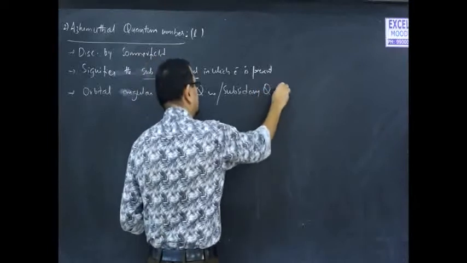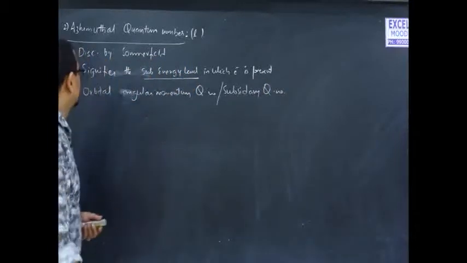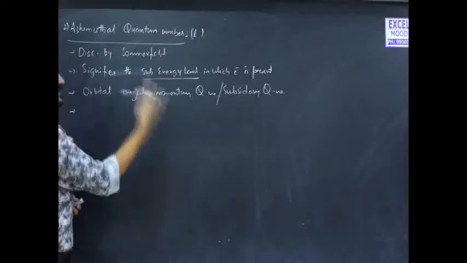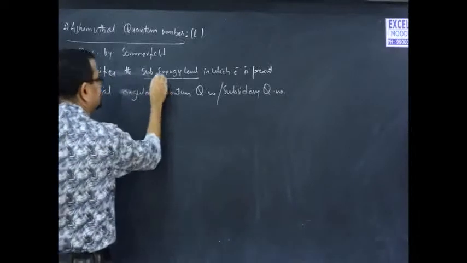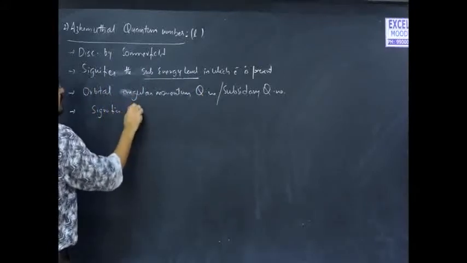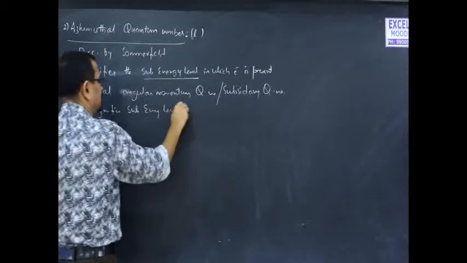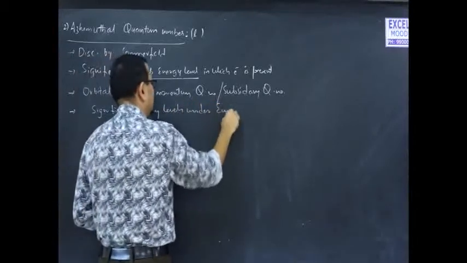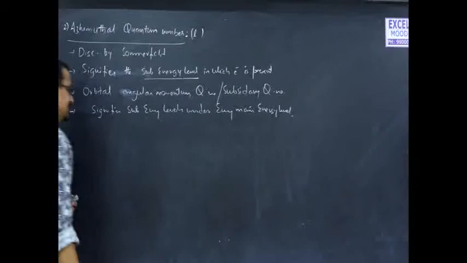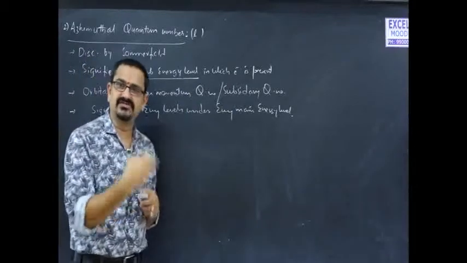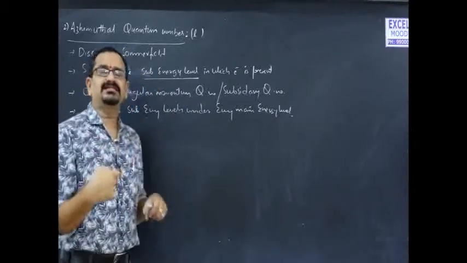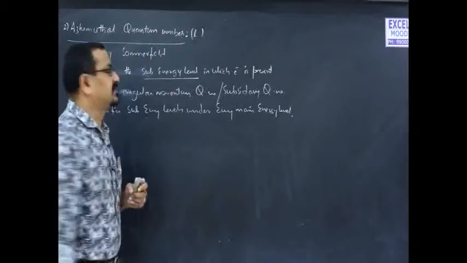As it signifies the sub-energy levels under every main energy level, suppose n is equal to 1, first energy level, 2, second energy level, 3, third energy level. Under every main energy level there are several sub-energy levels, about which the Azimuthal quantum number describes.